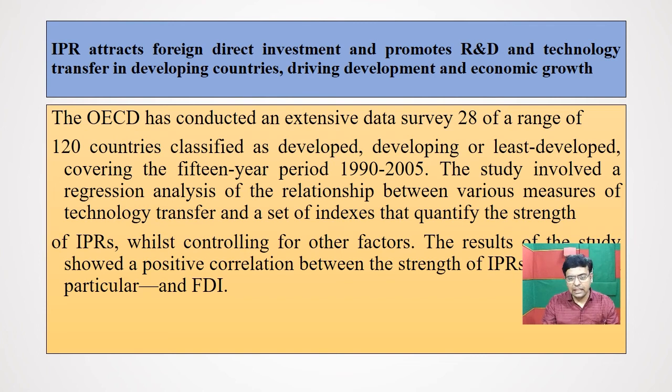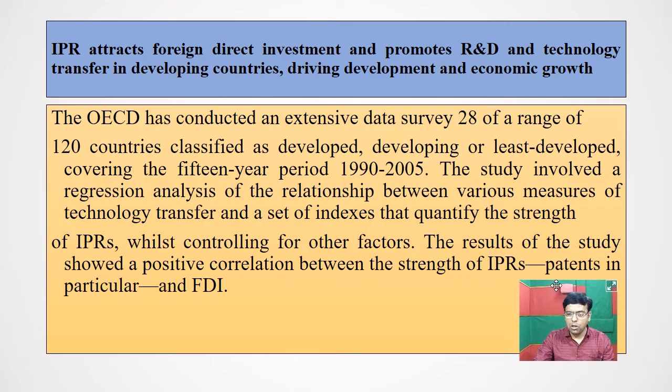The OECD has conducted an extensive data survey of 28 of a range of 120 countries classified as developed, developing, or least developed, covering the 15 year period 1990 to 2005. The study involved a regression analysis of the relationship between various measures of technology transfer and a set of indexes that quantify the strength of IPRs whilst controlling for other factors.